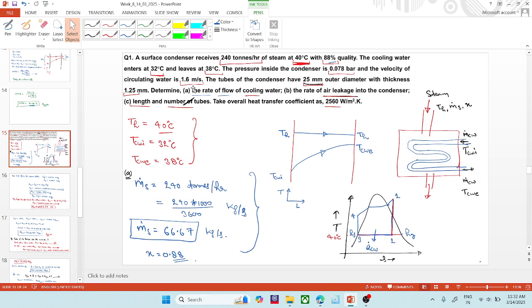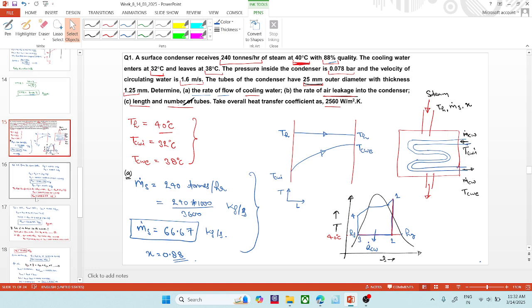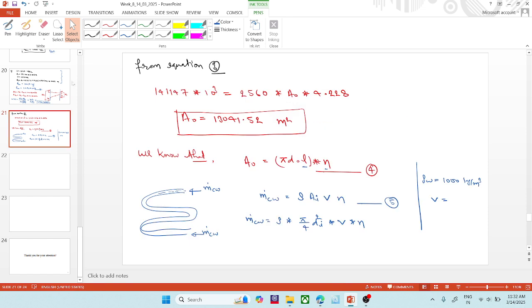This V is 1.6 meter per second. So we will put all these values here.